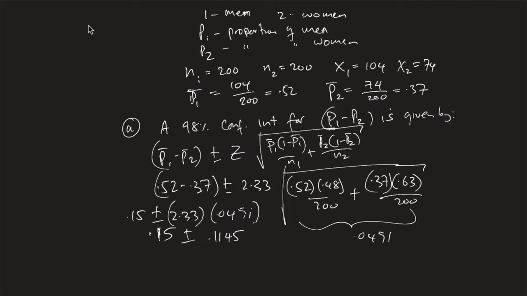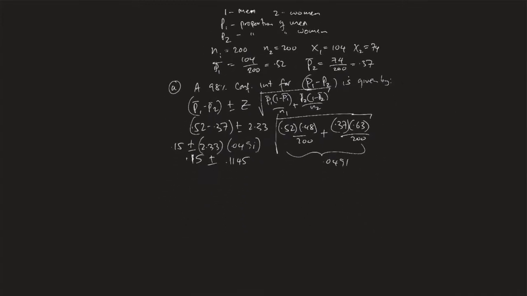Let us now summarize the confidence interval. So adding and subtracting, we will get P1 minus P2, the confidence interval, is somewhere between, when we add the 0.1145 to 0.15, we'll get 0.2645. When we subtract it, we get 0.0355.